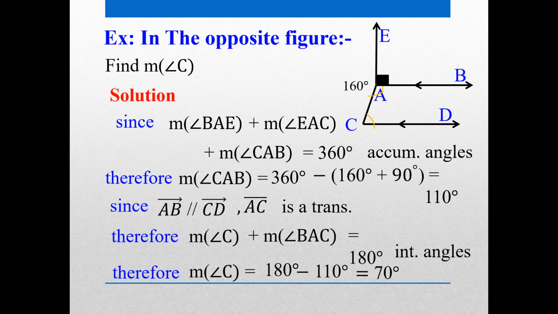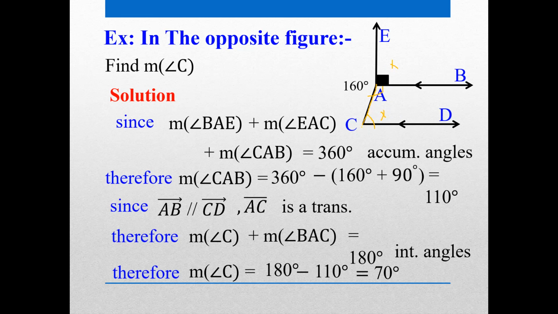Pay attention. We can say that CA is a transversal, so angle CAB and angle C are corresponding angles. This angle and this angle are not corresponding angles. Why?